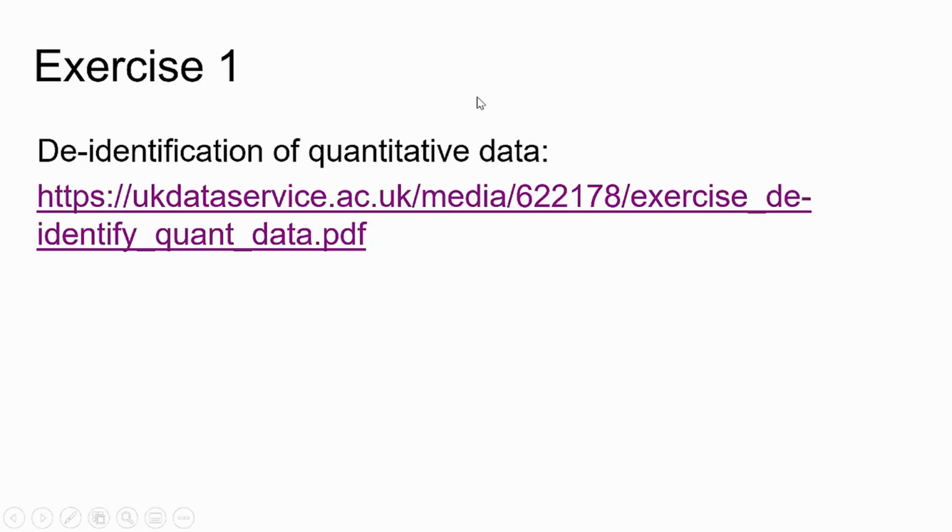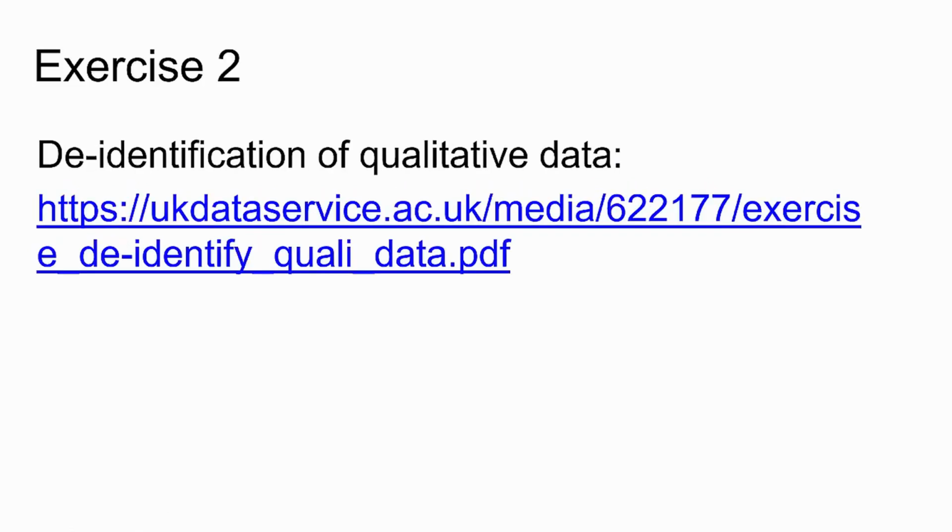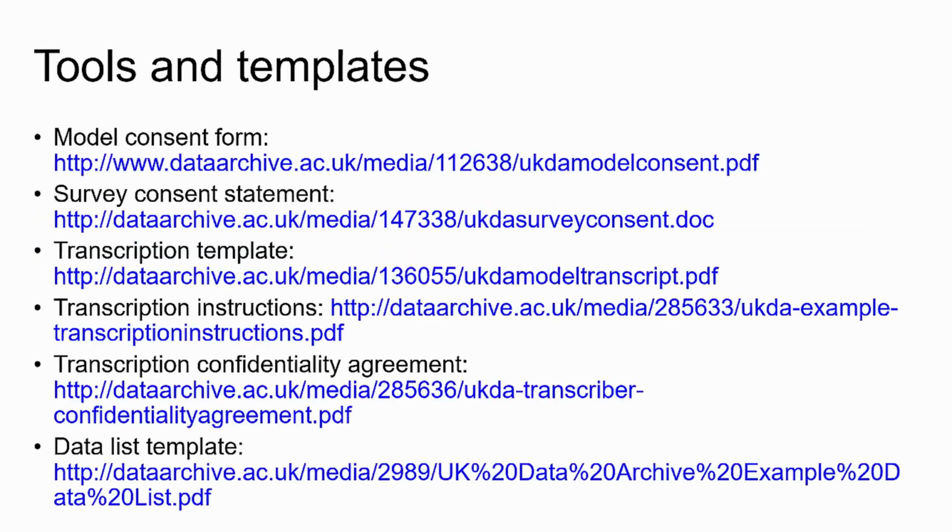The exercises that we do have are available online, and they have the answers with them online as well. So if you want to have a go at de-identifying quantitative or qualitative data, there are a couple of exercises available on our website, and they come with the answers. We also have loads of tools and templates, like transcription instructions and confidentiality agreements, that might be useful when you're thinking about your own projects.